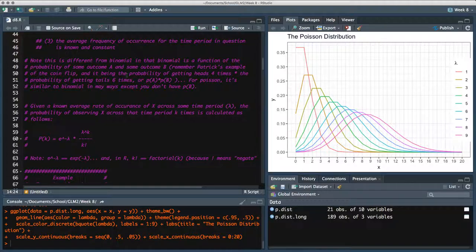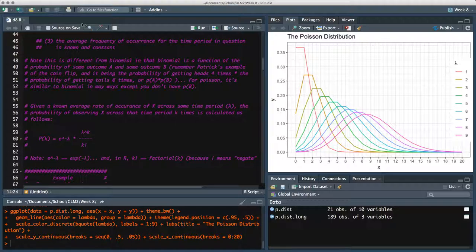Your unit of time could be per week, if you're talking about how many times you had thoughts about such and such this week. It could be per minute, like how many blinks per minute.